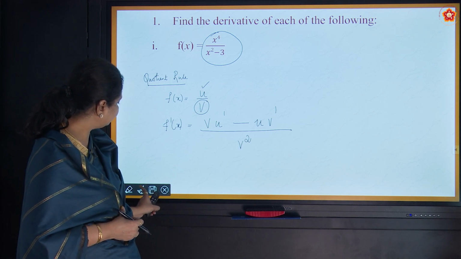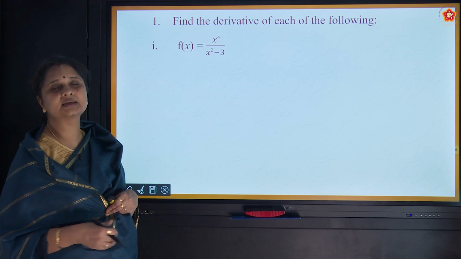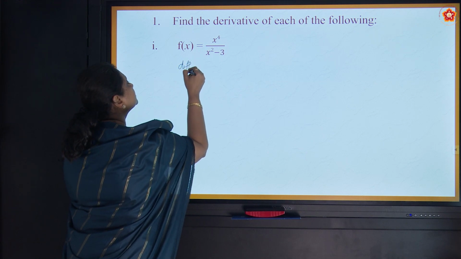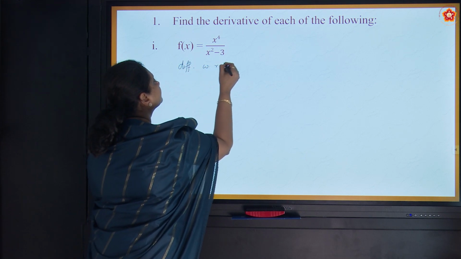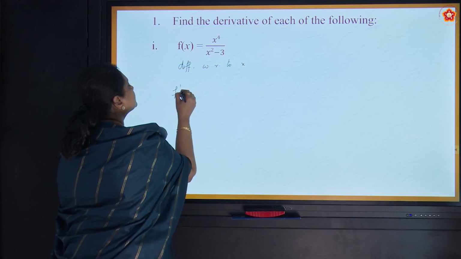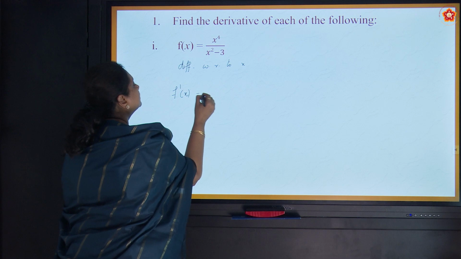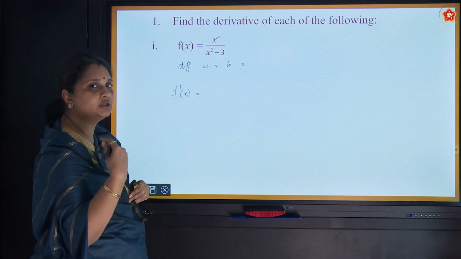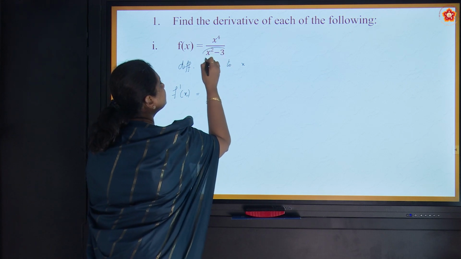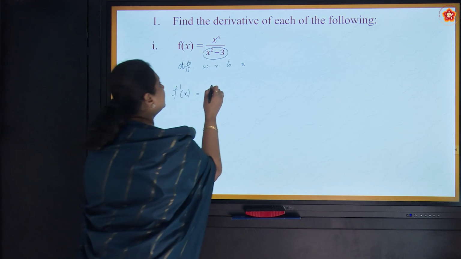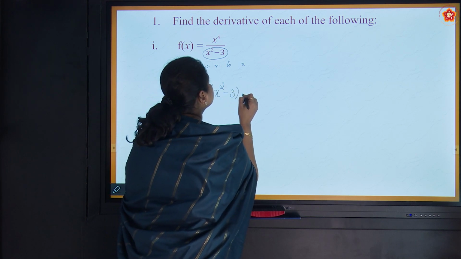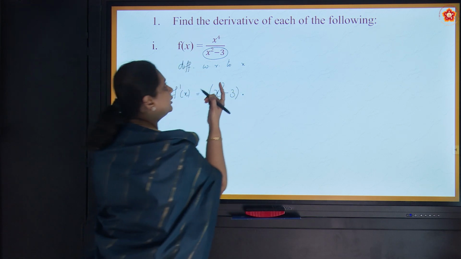So let's quickly differentiate the given function and see how to do it. Differentiating with respect to x, f dash of x is going to be equal to, we differentiate the numerator, keeping the denominator a constant first. My denominator is x square minus 3. I'm going to keep it unaltered and differentiate the numerator.